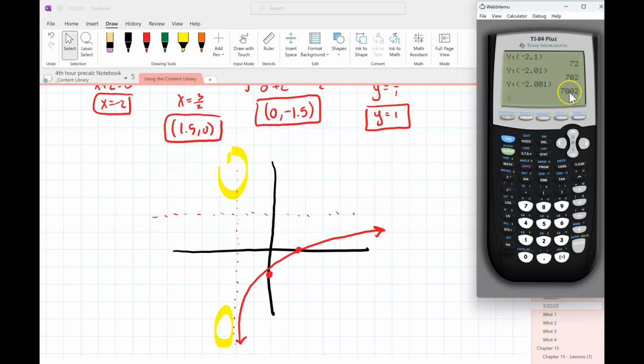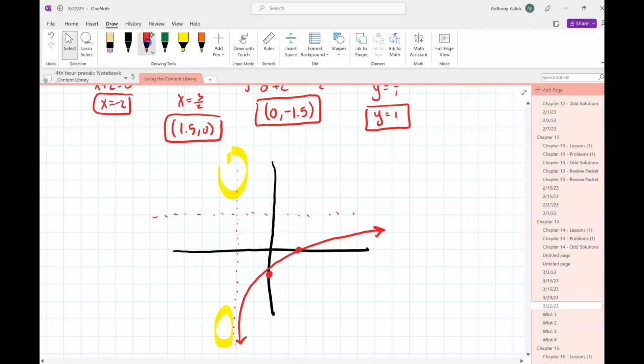When I do that, I see that the y's keep getting bigger and bigger. So that tells me the graph is pointing up. And that's it. Does that feel okay, Lucas?